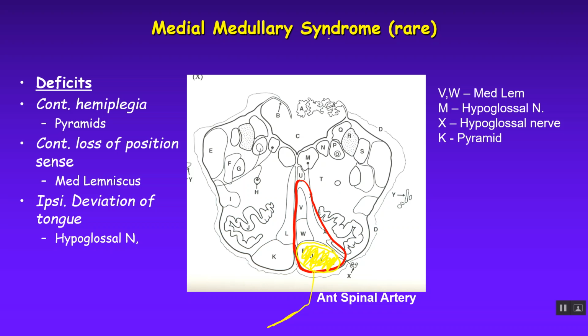This is a little bit higher up in the medulla. The lesion here is on the left. This is a left-sided lesion. It's going to cause right-sided or contralateral hemiplegia, and it can affect the whole body.